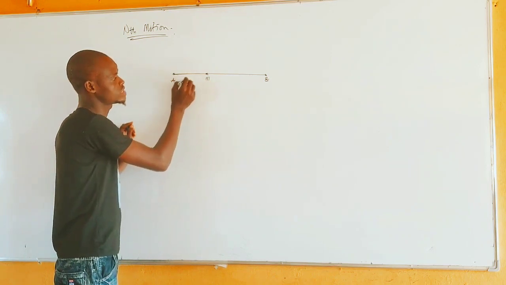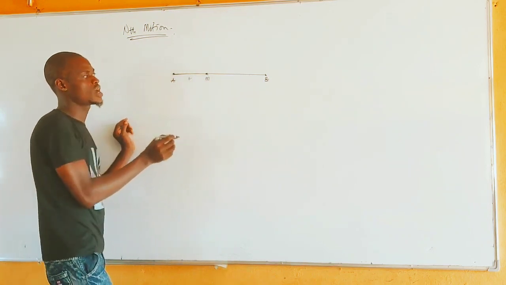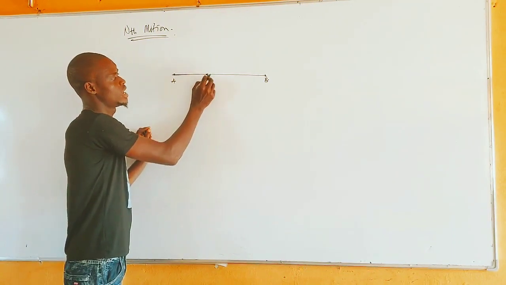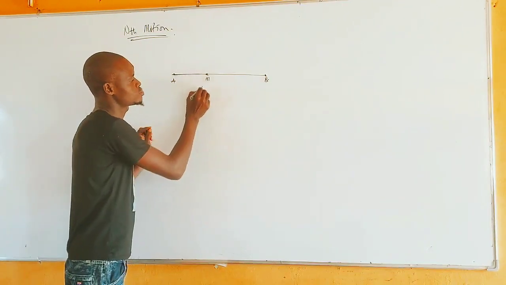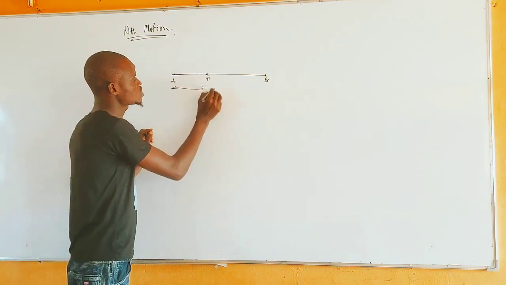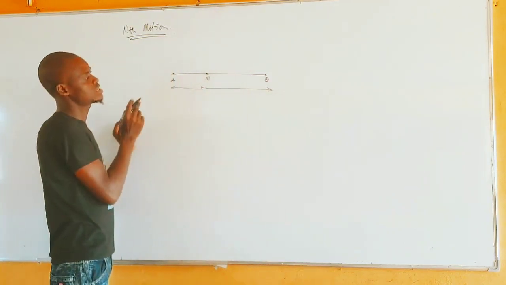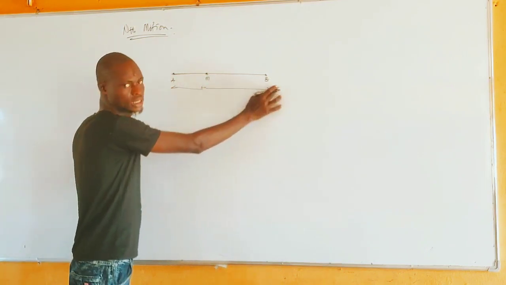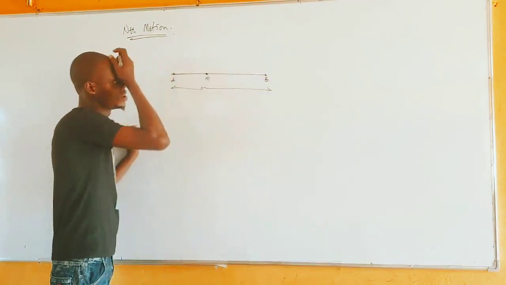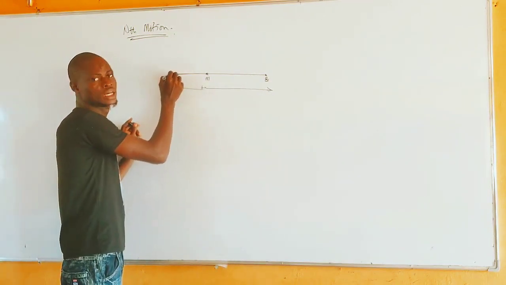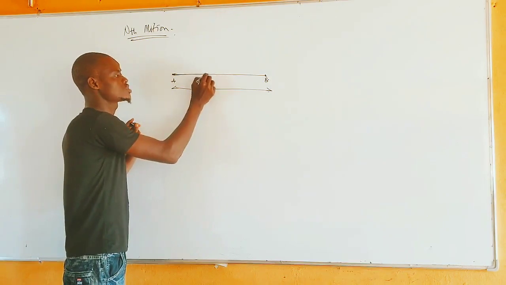The time taken to cover the distance from A to B is equal to T. If it takes the body T seconds to move to B altogether, how many seconds will it take the body to move from here to here?